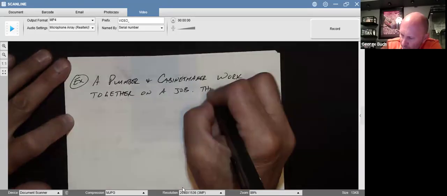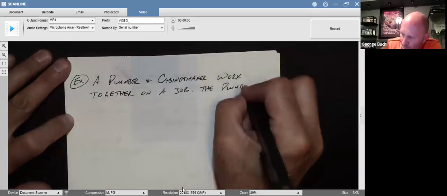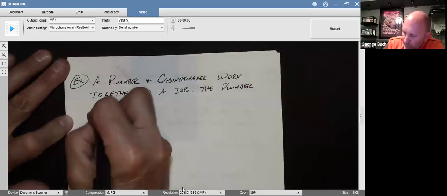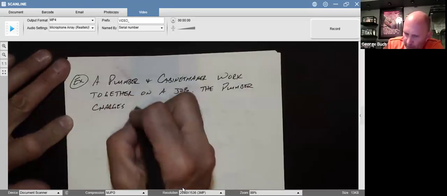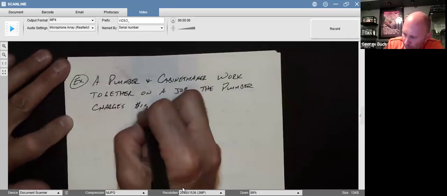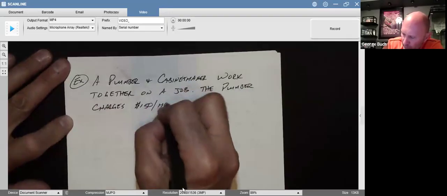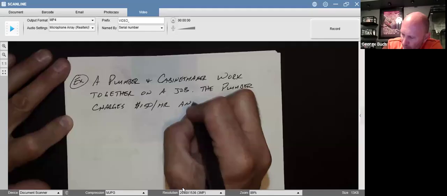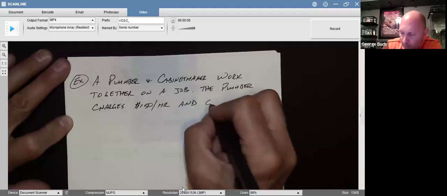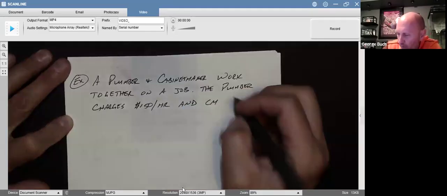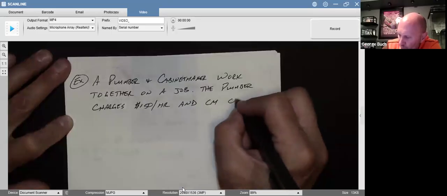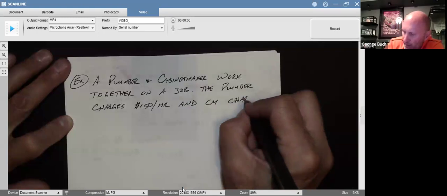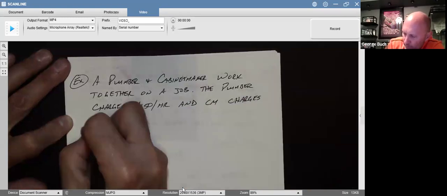The plumber charges $150 per hour. And the cabinet maker, I'm going to write CM to save us some time here. And the cabinet maker charges $80 per hour.